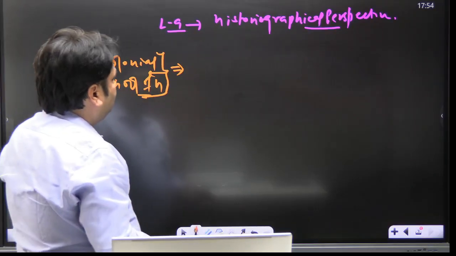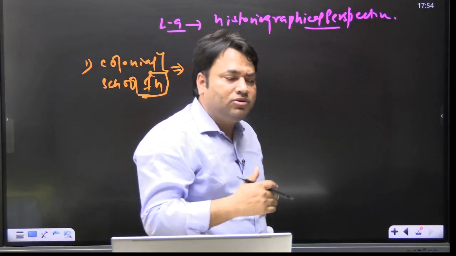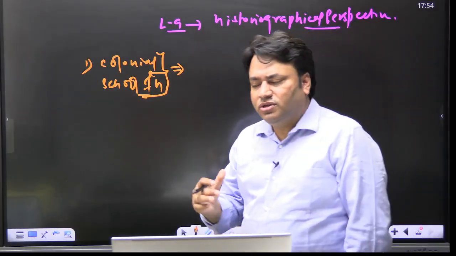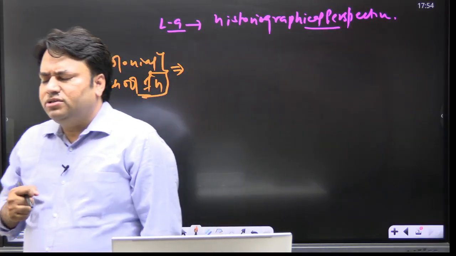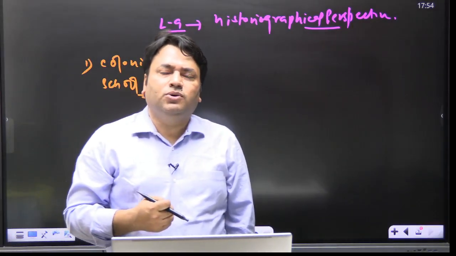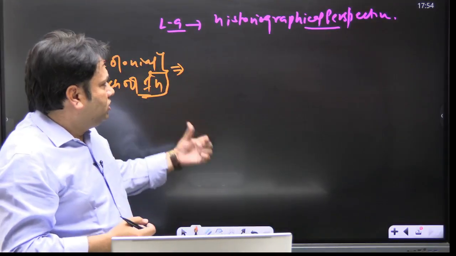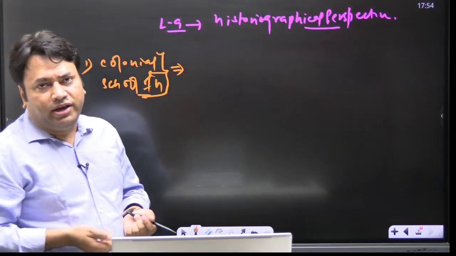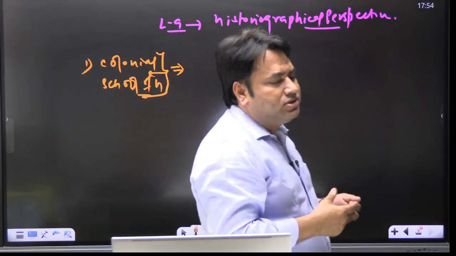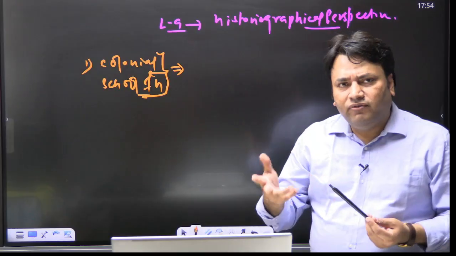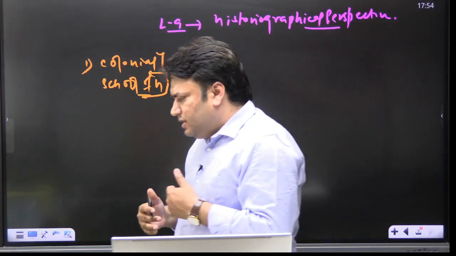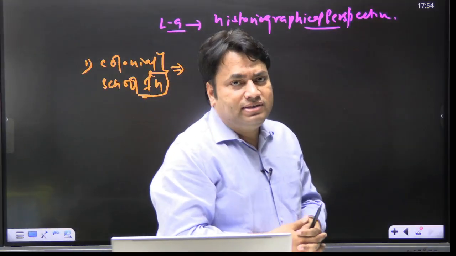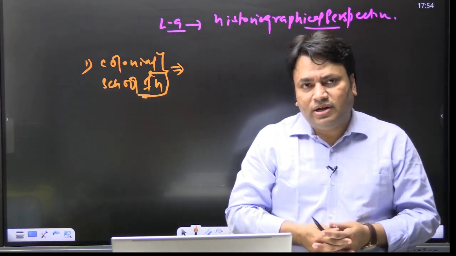Whenever we talk about the colonial school of historiography, we are talking about the writings of European historians, British historians, and also other European historians, who wrote during the phase of imperialism and colonialism, and they tried to justify or validate the moral presence of colonial rule in Asia and Africa, or you can say that they tried to provide some intellectual support for these exploitative tendencies like colonialism and imperialism.